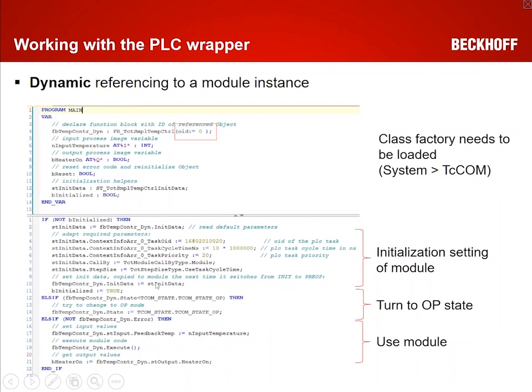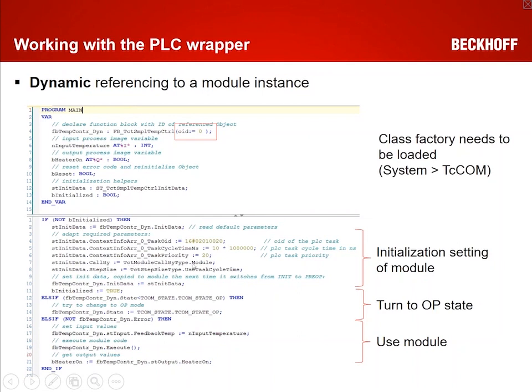And the code is just a little bit more here, some initialization settings of the module. So everything that you click by hand when you do the instantiation of the module, you need to code here. Of course, you need to set a task ID, or you need to say set the task cycle time.